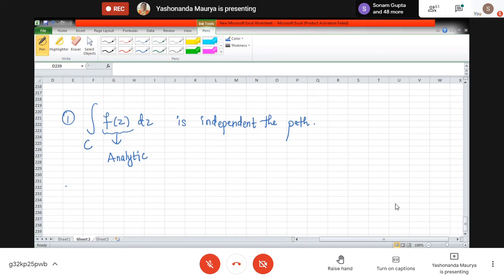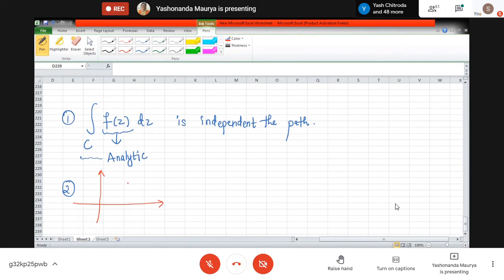Now the extension of this particular thing. Suppose my curve C is a special curve. I have my C somewhat like this, in the complex plane.